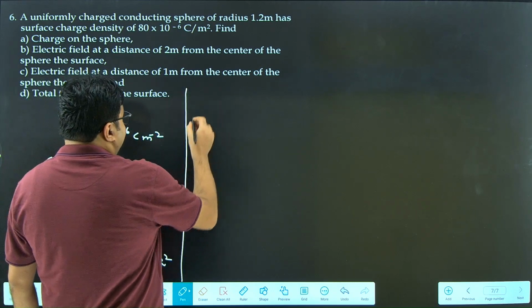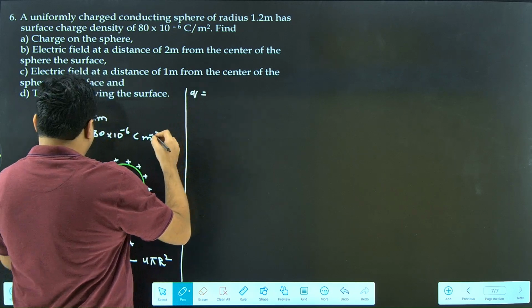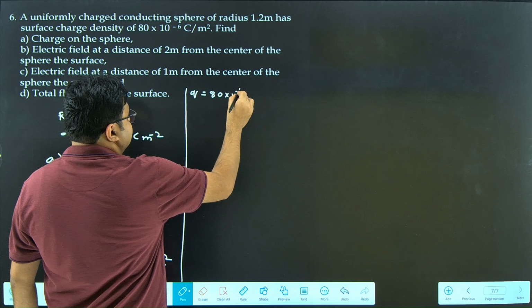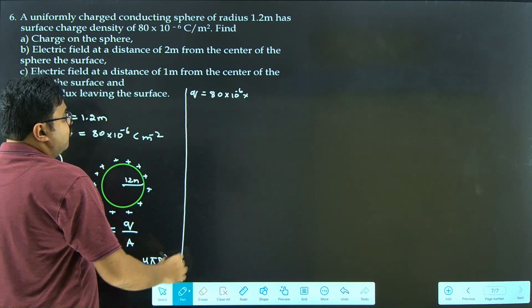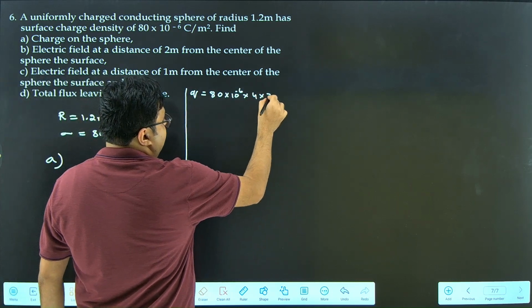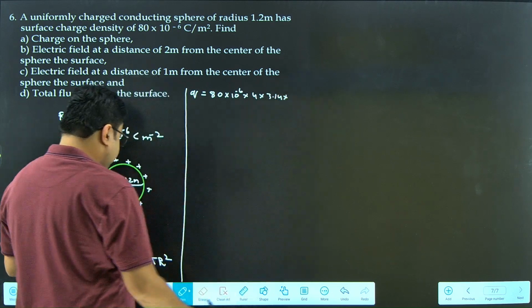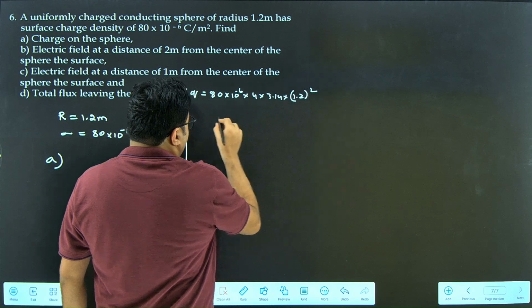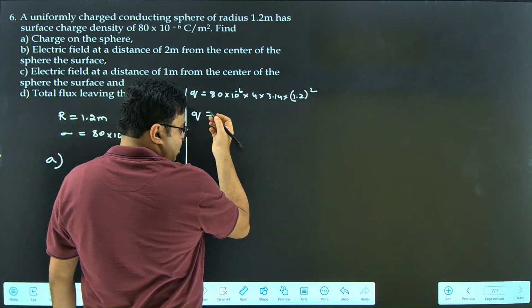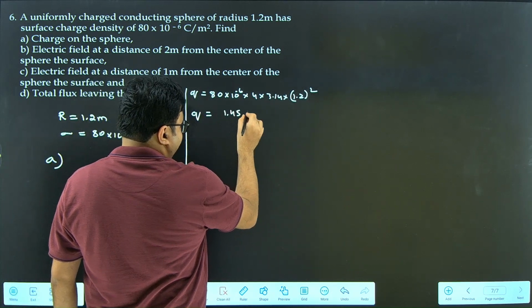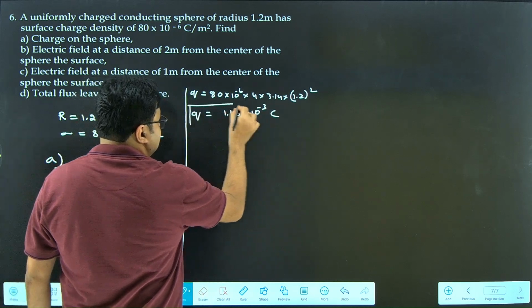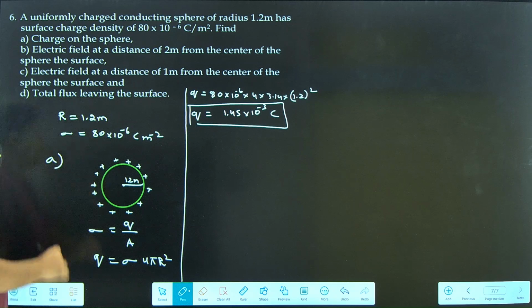We have Q equal to sigma, given in the question, 80 into 10 to the power of minus 6, multiplied by 4 multiplied by 3.14, because that's pi, multiplied by r square, that's 1.2 the whole square, and you simplify, you will get 1.45 into 10 to the power of minus 3 coulomb. That's the charge that is present on the sphere.